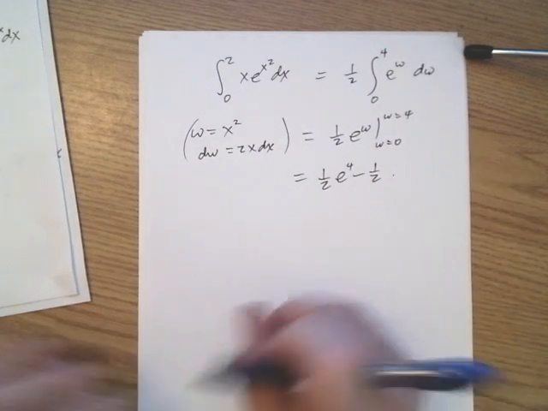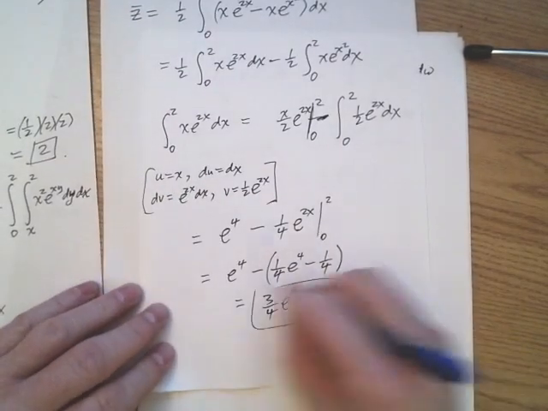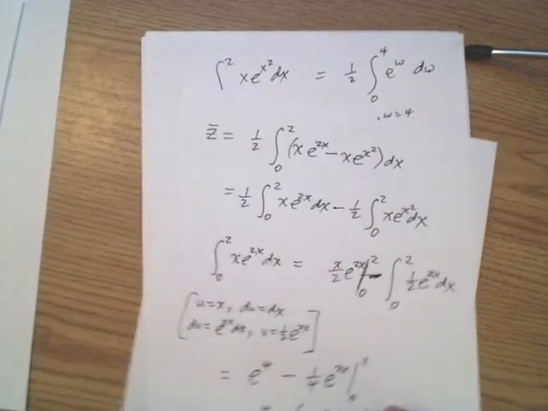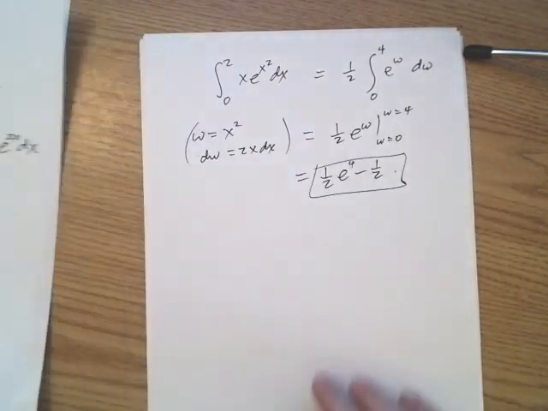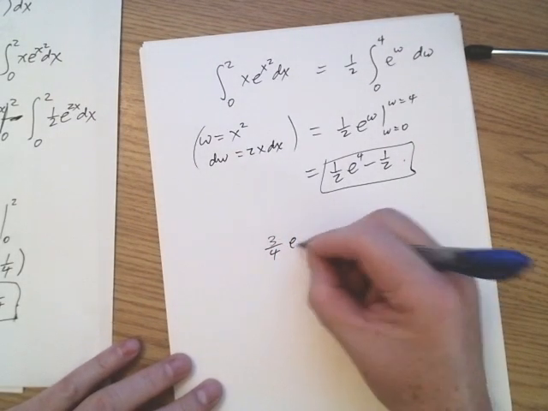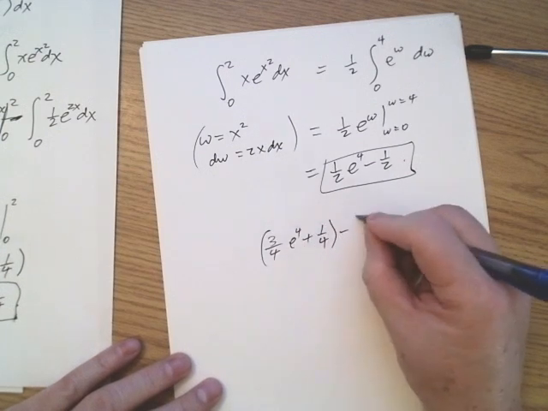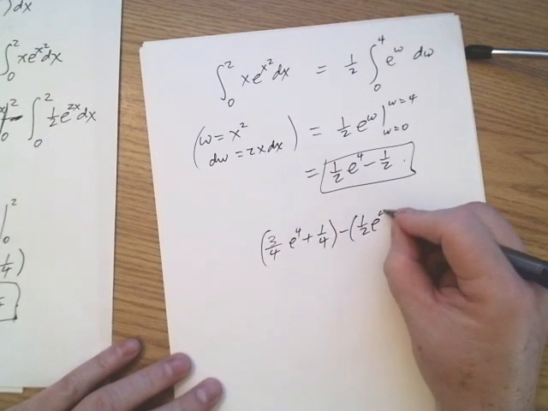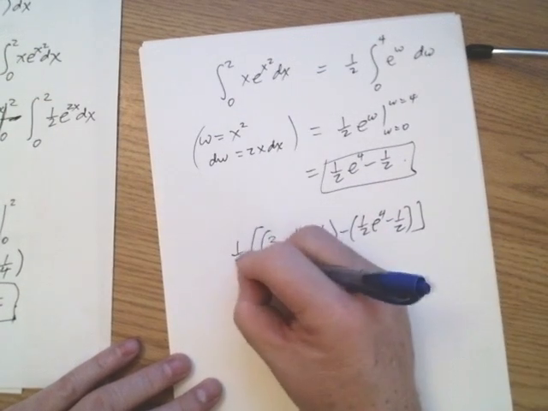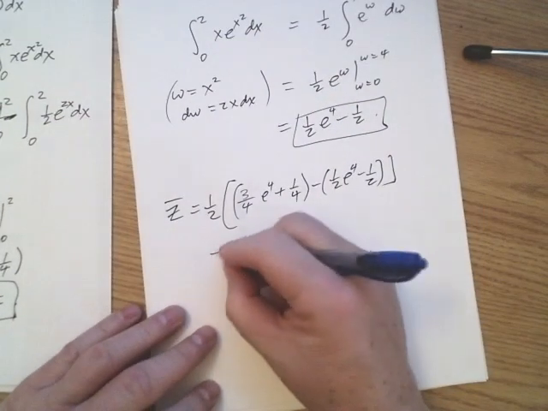Okay, now what we're going to do, we're going to take the difference between these two results, and don't forget, I'm really going to be taking half of that. These halves running around everywhere. So I've got this 3/4 e to the 4th plus 1/4 minus 1/2 e to the 4th minus a half. This is for my z bar, my average value of z, so I'll make a statement there. Let's see.